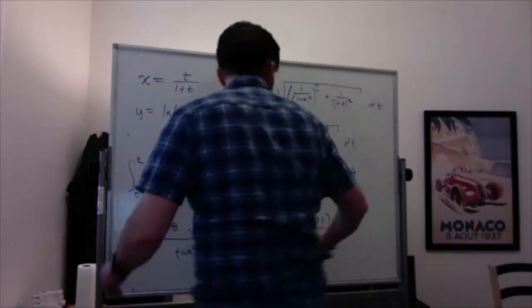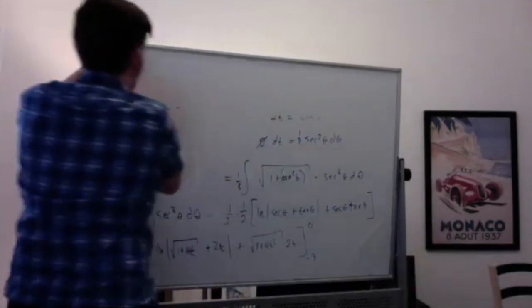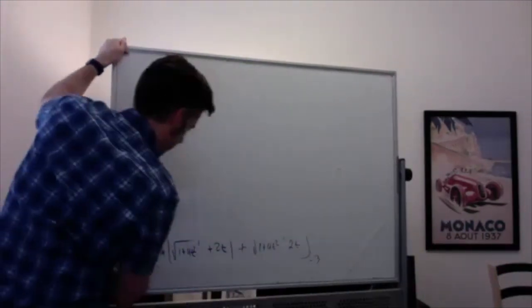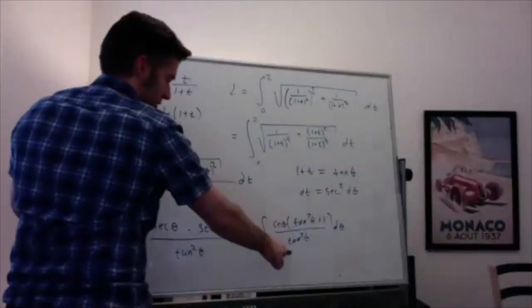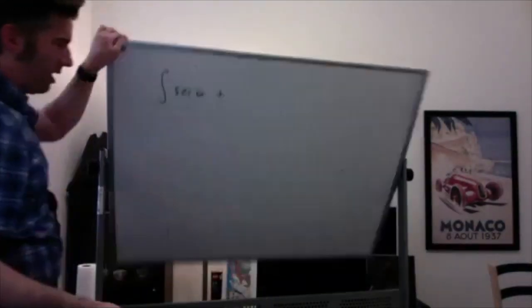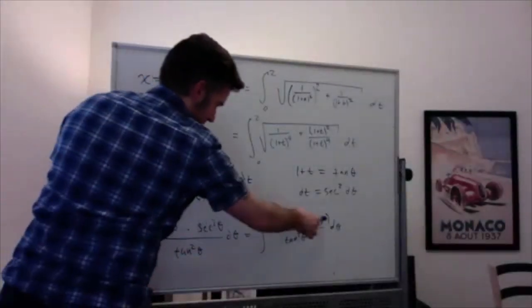So that then you can break this up into two fractions. I'm going to write this as secant tangent squared over tangent squared, which is just secant. And then we've got secant times 1 over tangent squared.